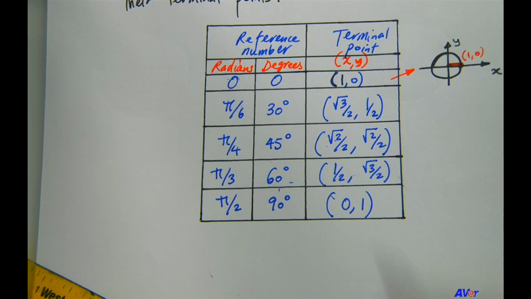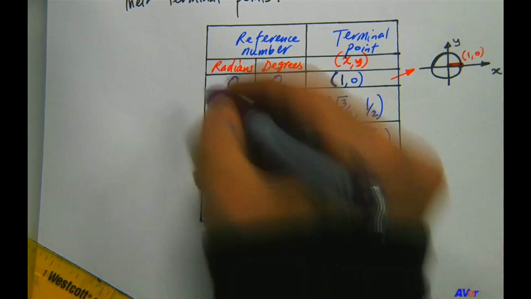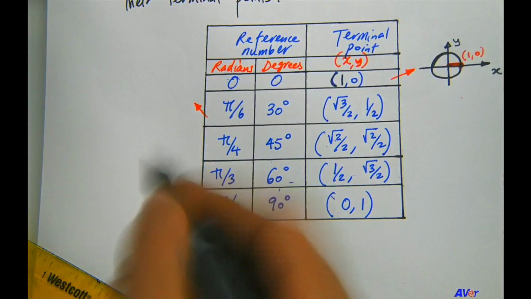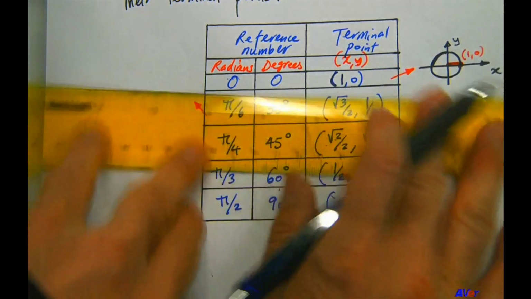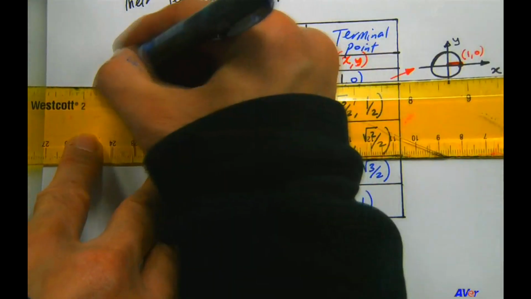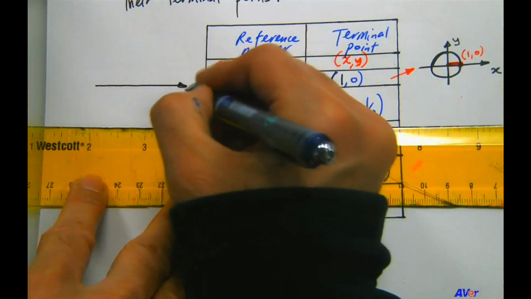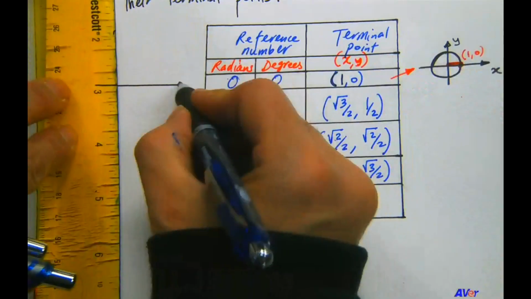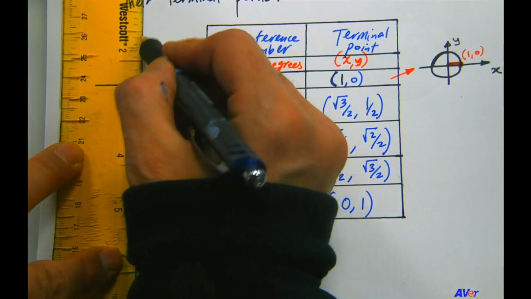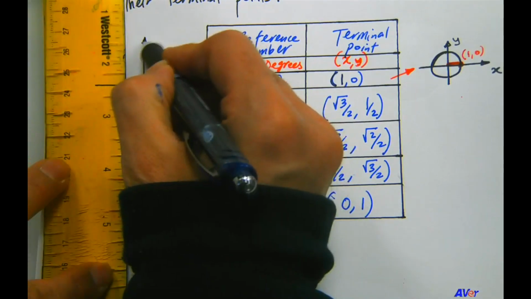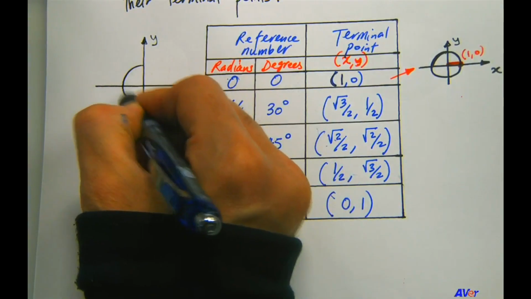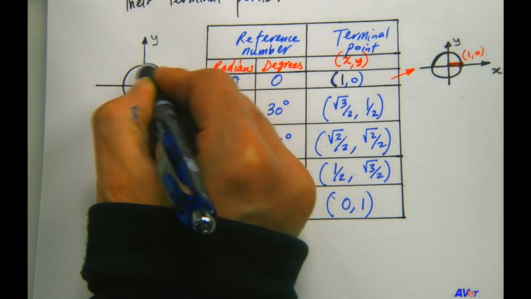Then we can do another one for pi over 6. Let's do that on this side so this side doesn't get too cluttered. So we have the x-axis and the y-axis. And let's draw a basic circle here, like that.